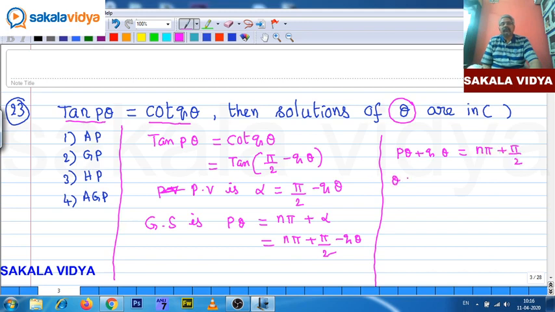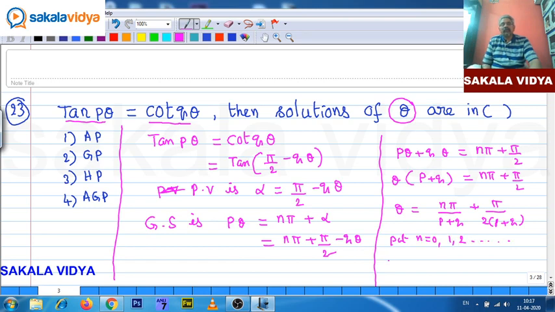Now theta common, we have (p plus q) theta is equal to n pi plus pi by 2. Now theta equals n pi by (p plus q) plus pi by 2 into (p plus q). Just substitute n equal to 0, 1, 2, 3 and so on. We find that the values of theta are in arithmetic progression itself. So first option is the right option.